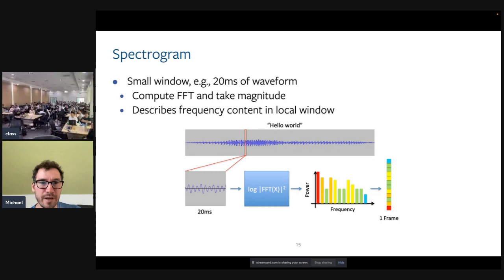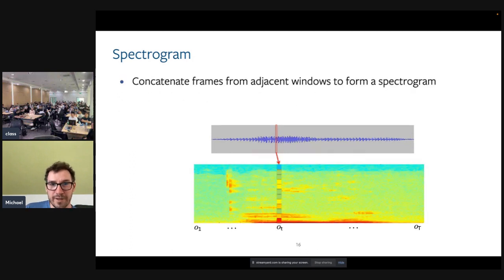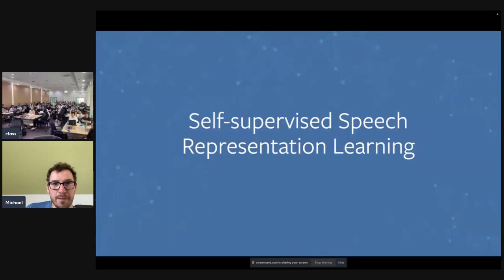You can think about the output of this as simply describing the frequency content in a 20 millisecond window. Now you have this description of the window, giving you an idea of how the frequencies in the waveform are distributed, and then they are just concatenated together. And that's what the feature representation traditionally is. So it's basically based on the fast Fourier transform. You concatenate them together, as I said, to get your features.